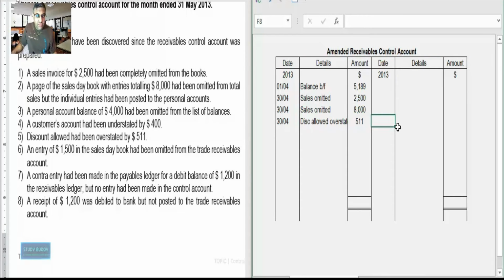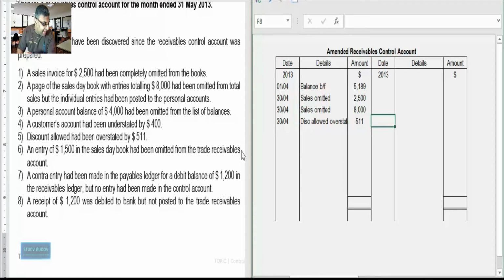Error number 6. An entry of $1,500 in the sales daybook had been omitted from the trade receivables account.